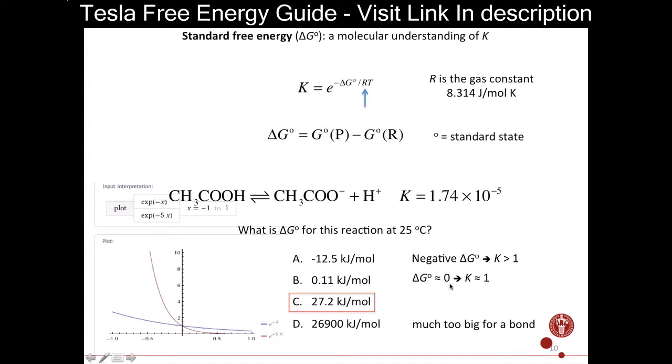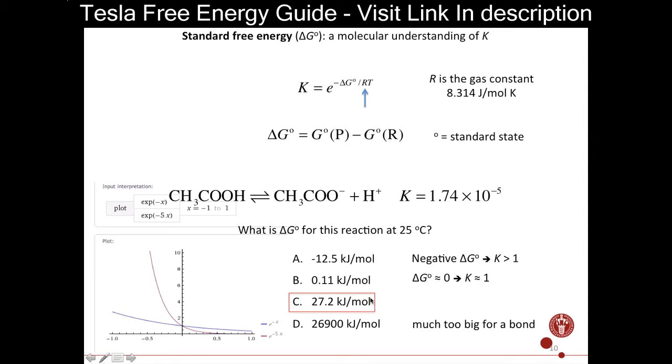As we'll see, this delta G standard is so close to 0, and that would imply an equilibrium constant that's close to 1. In fact, it's very small. And this is much too big for a bond. This is way too much energy to break an ionic bond, as we see here. Okay, so the right answer is this.